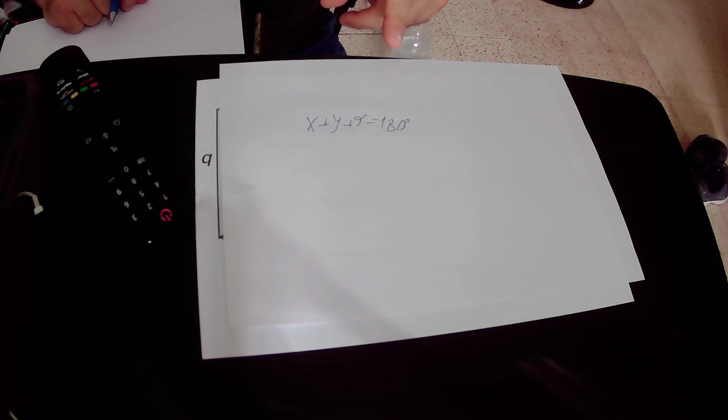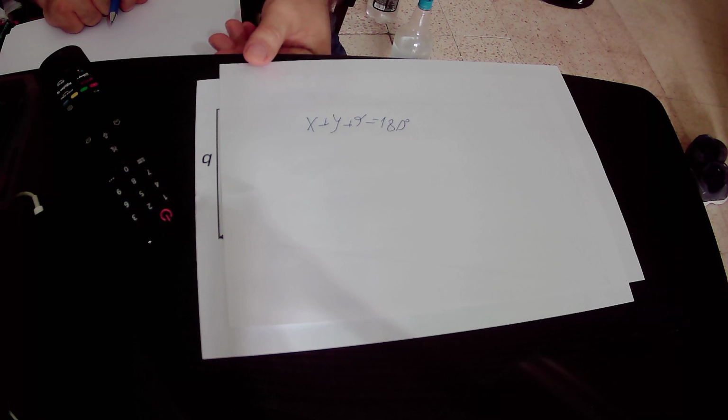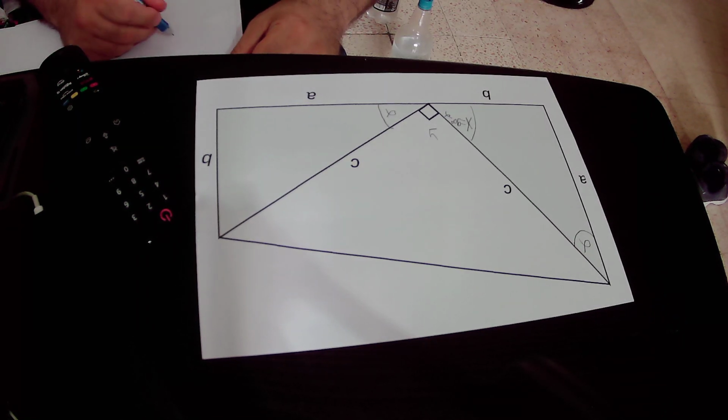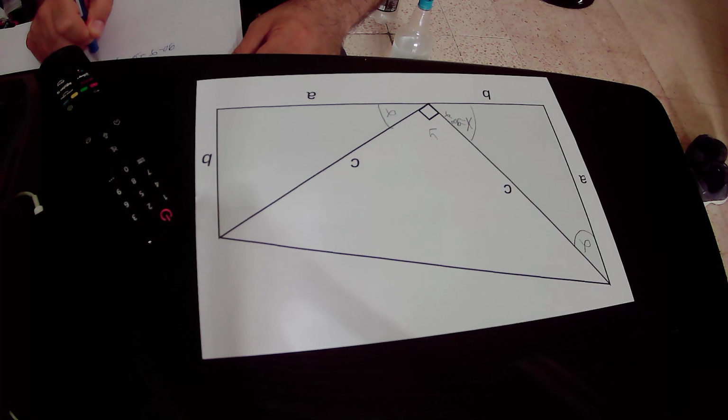But we know that x equals 90 minus alpha, so we can write that 90 minus alpha plus y plus alpha equals 180 degrees.